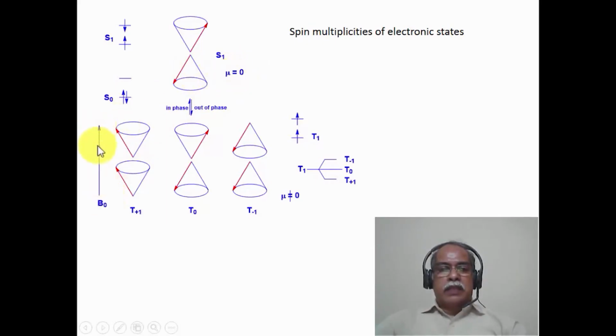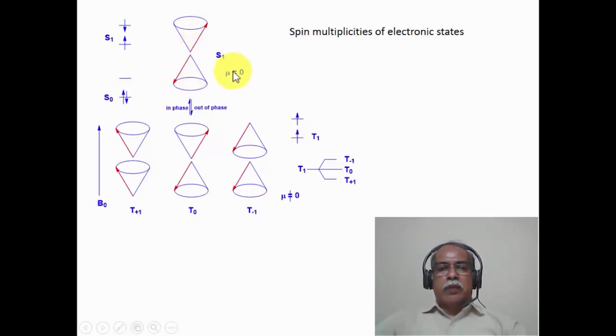In the presence of an externally applied magnetic field, the 2 electrons that are in opposite directions undergo precessional motion, and not only do they undergo precessional motion at the same frequency, they are also in phase in terms of cancelling the magnetic moment vector that is created by the 2 spinning electrons.